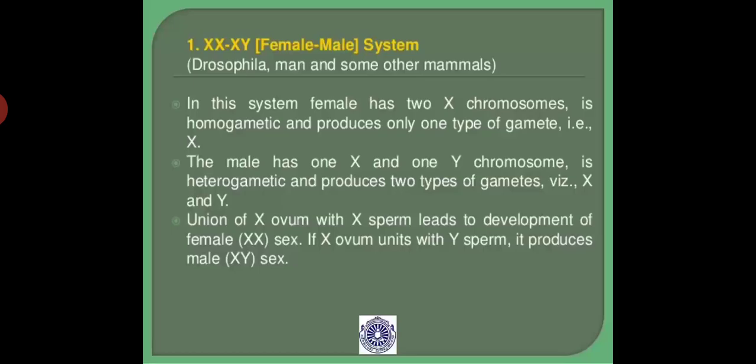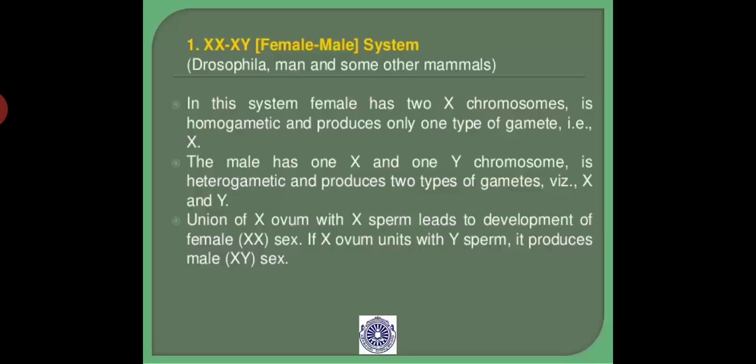Whereas the male has one X and one Y chromosome and is heterogametic, producing two types of gametes: one type of gamete with the X chromosome and one set of gametes with the Y chromosome.